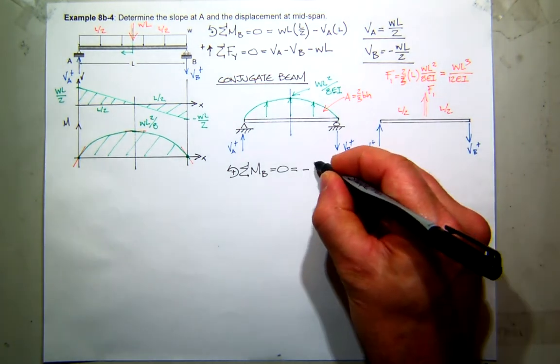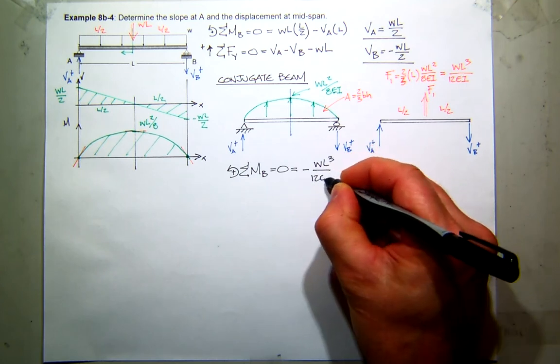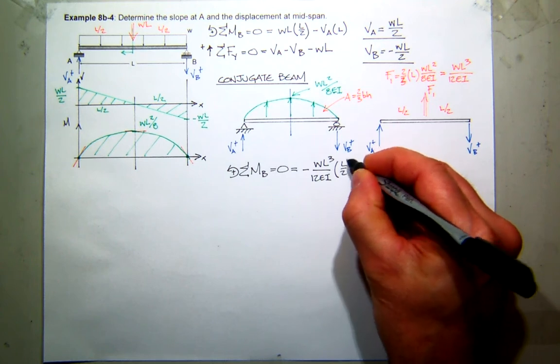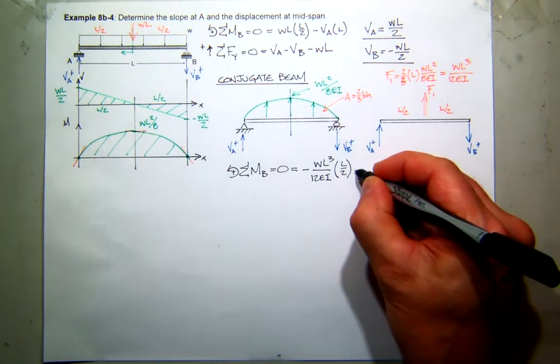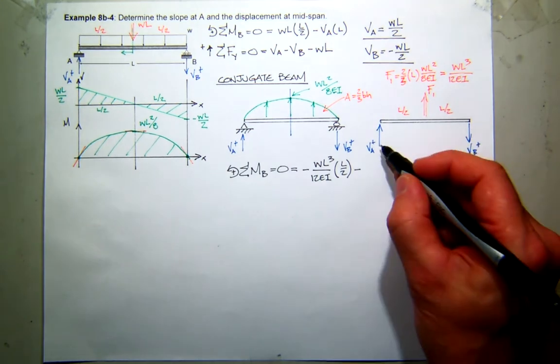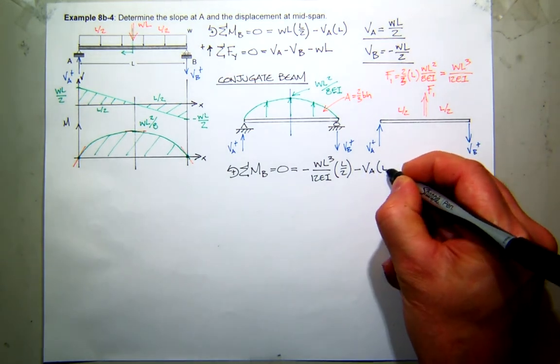So that'd be negative WL cubed over 12EI. That's the force times a moment arm of L over 2. The moment about B for the shear at A is also negative, and that's a length of L.